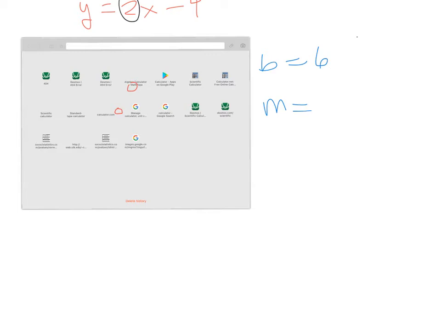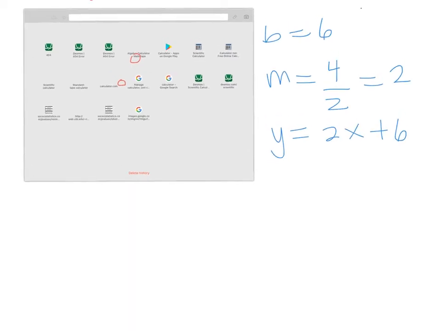So that's a change of positive 4. The change in x, we're going from x value of negative 2 to 0. So that is a change in the positive direction of 2. So simplifying that, we get slope of positive 2. So the equation for the blue line is y equals 2x plus 6.